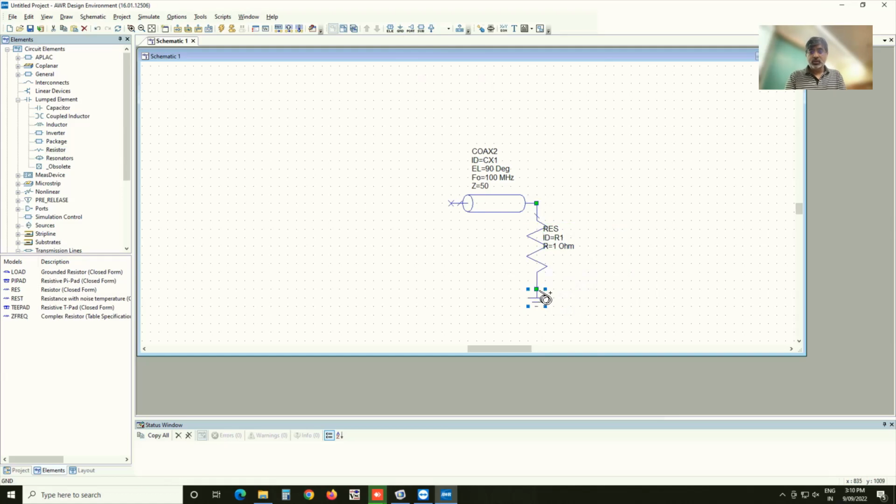I have to put a ground. Then finally, I put a port here. As I was explaining, this port has various meanings in this context. You can think of it as the source from where the signals are generated. It's also the place where the signals are measured. So any measurement we can do on this circuit is related to this point where the port is connected.